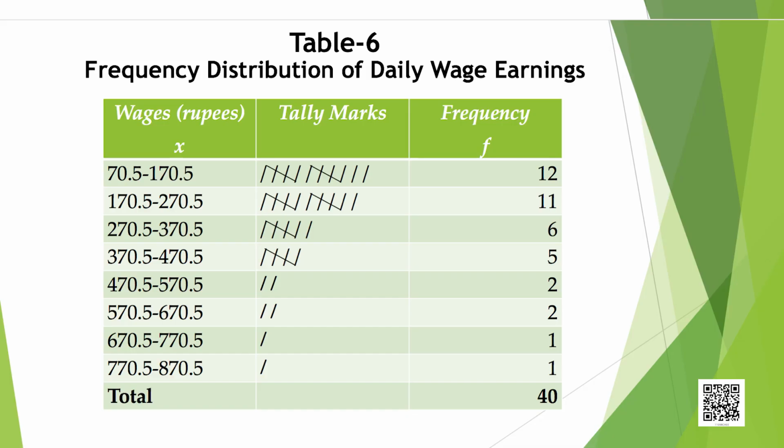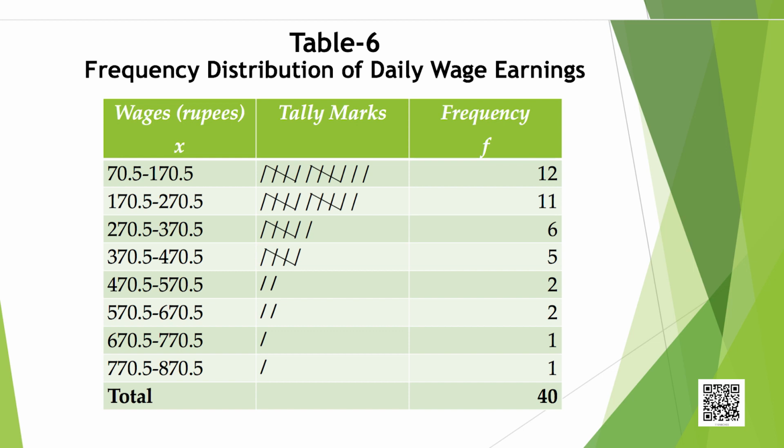Thus, the range R is equal to 715. Let us choose the width of class intervals as H is equal to 100 and specify the classes as 70.5 to 170.5, 170.5 to 270.5 up to 770.5 to 870.5.